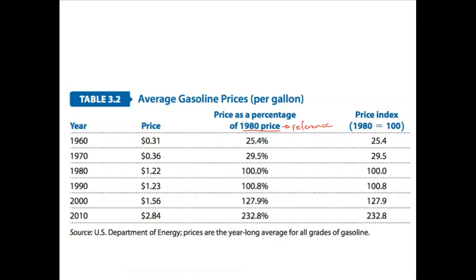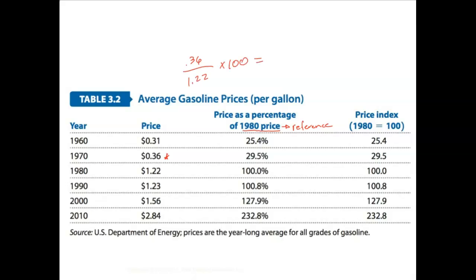And all we have to do, right, is, for example, let's take the 1970 price, which was 36. And if I want to calculate a price index with 1980 as the reference value, I would take that 36 cents and I would divide it by the 1980 price, which is $1.22, multiply by 100.